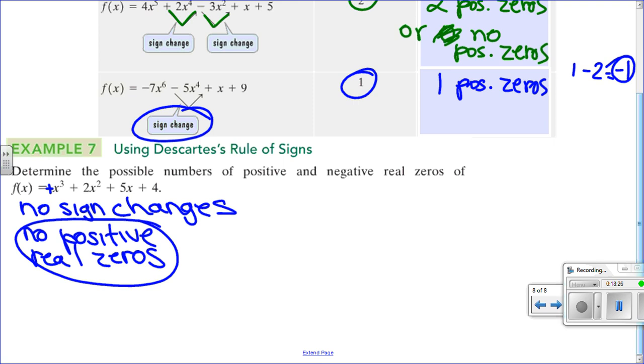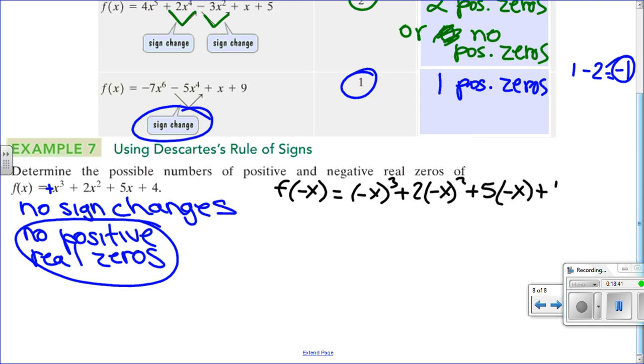To find the negative zeros possibilities, we have to first compute f of negative x, and so that will be negative x to the power 3 plus 2 times negative x to the power 2 plus 5 times negative x, and we added 4, so that will give us negative x to the power 3 plus 2x squared minus 5x plus 4.